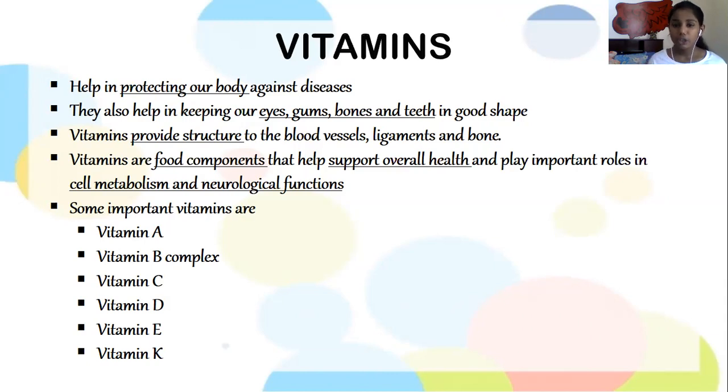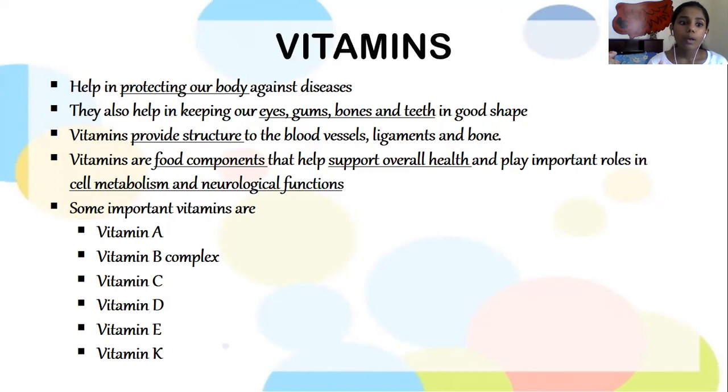Ligaments are tissues which connect a bone to another bone. Vitamins provide structure and keep the blood vessels, ligaments and bones rigid and healthy, so they can perform their functions healthily.